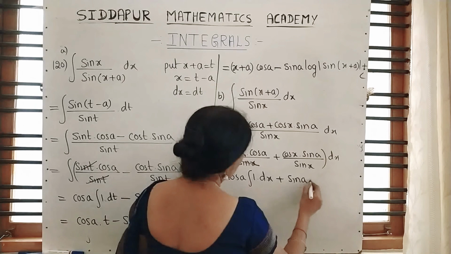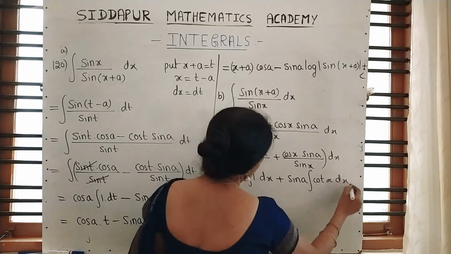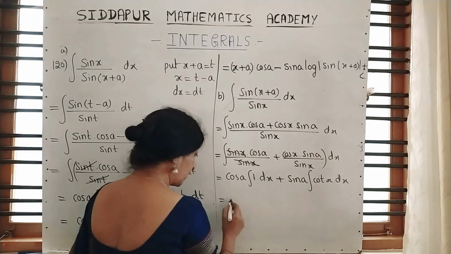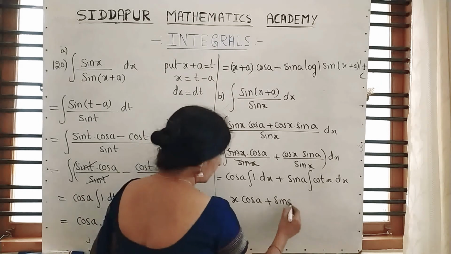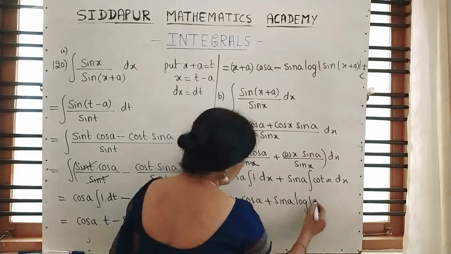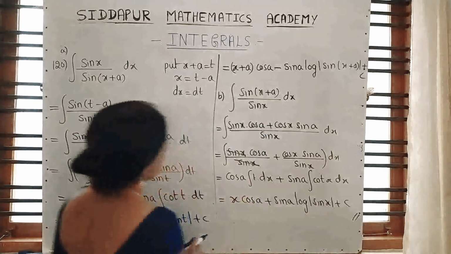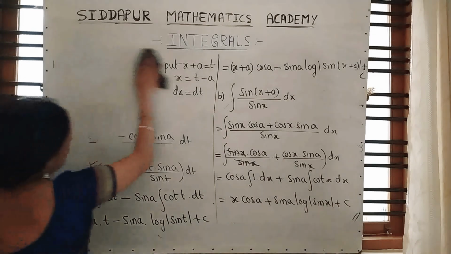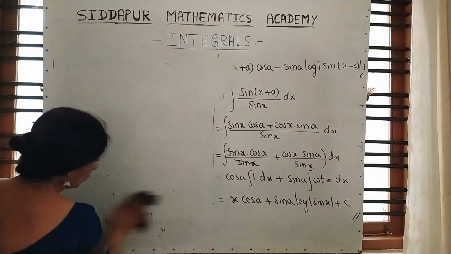Here sin a constant, cos by sin is cot, and just integrate. Integration of 1 is x with respect to dx, so x into cos a plus sin a into log of mod sin x plus c. So to avoid your confusion, I explained that also: where we have to do the substitution, and where we have to solve directly.